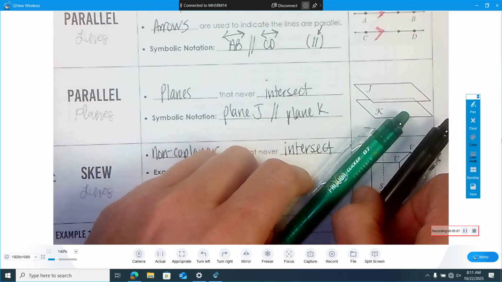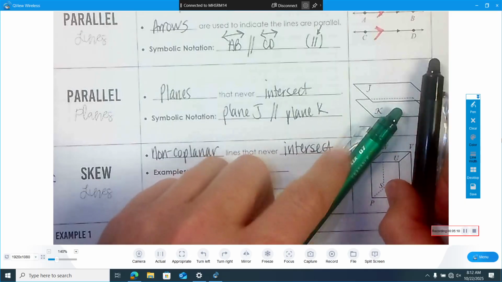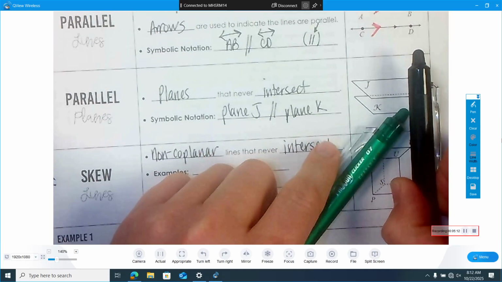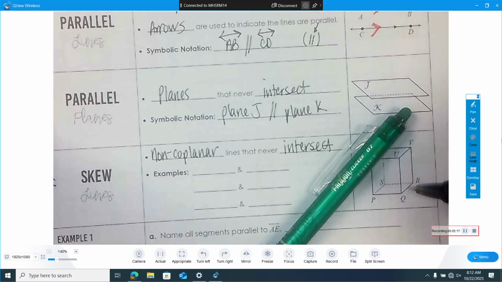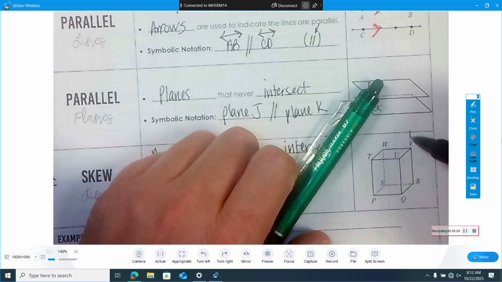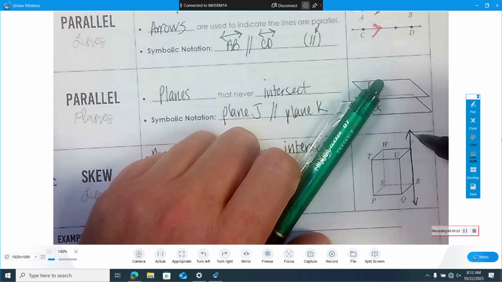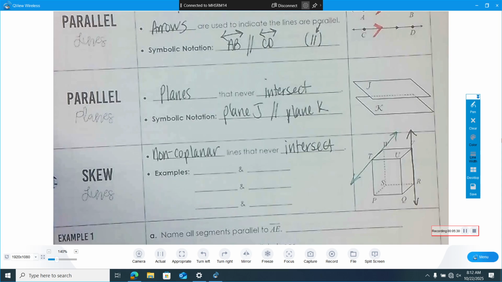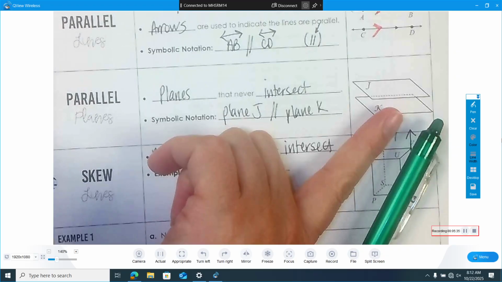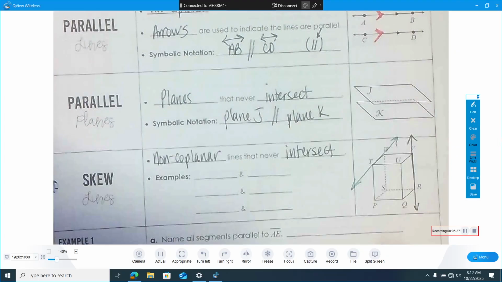If I take one of them and just swivel it so that it's no longer coplanar, okay? Now I swiveled it and my black line is now this VR line. So VR and TW are two lines that would be skew. So again, I started with two lines that are parallel, and if I swivel one of them, now they're not coplanar.